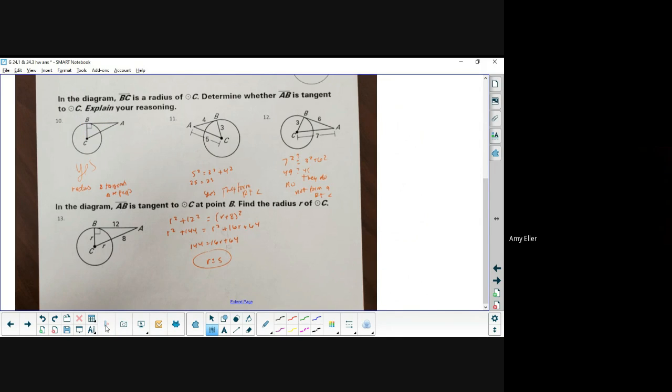It looks 90, but so does 12, and 12 is actually no. We learned back in activity 20 how to take three numbers and determine if it's a right angle or not. So I take 3 squared plus 4 squared, and I compare that to 5 squared. And I figure out that it actually does form a right triangle. So if I have a right angle, I definitely have a radius, and 11, yes, has to be tangent.